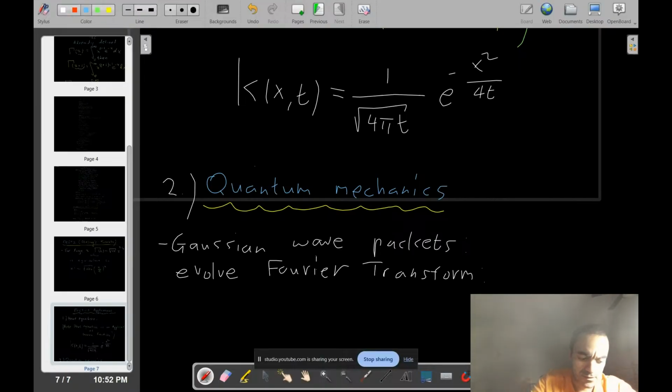And the following is the wave function, psi as a function of x and t.